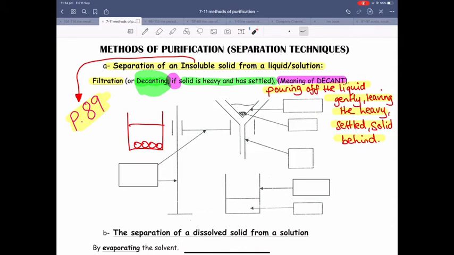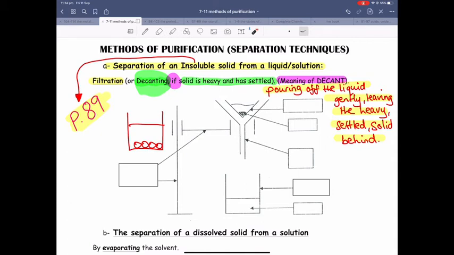Sand is not uniform in size and shape and mass. Some of the particles of sand are heavy and yes, will settle to the bottom. But some are very fine and very light and very small and take time to settle, so they will remain suspended and floating in the water.